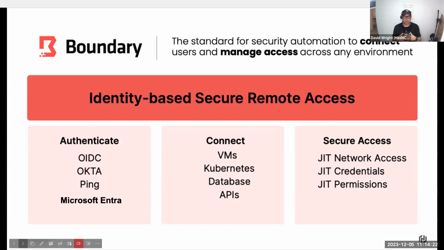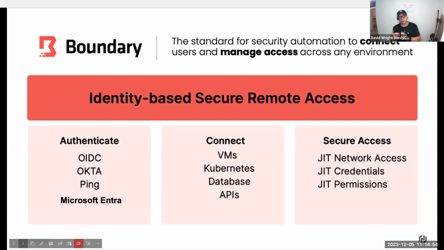So this is how do we authenticate a human in some form, so we can use different sources of truth, such as Microsoft's Entra. We authenticate and validate who that user is against that single or known identity base. And then we grant them a set of permissions, and then they can connect to those resources or targets based on those permissions and the grouping.